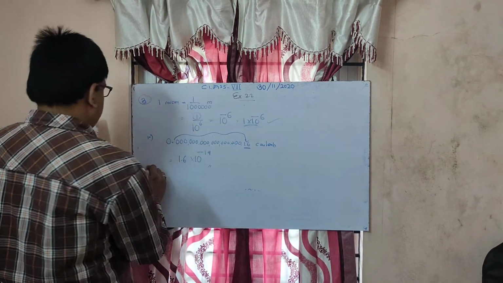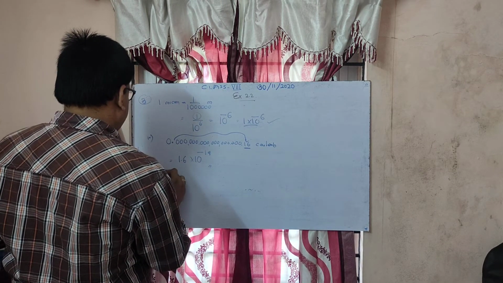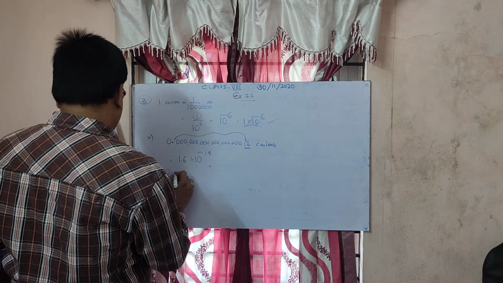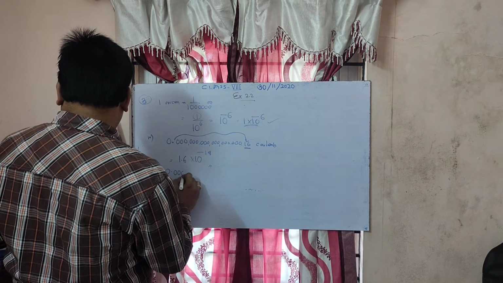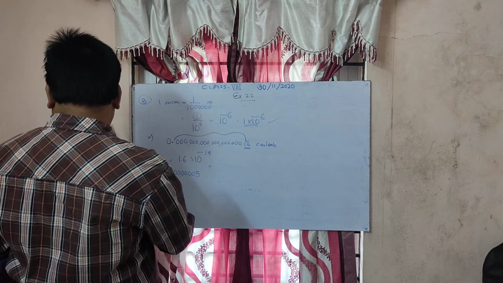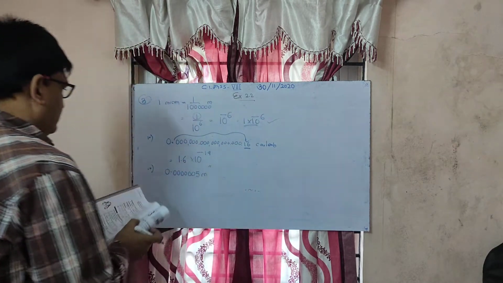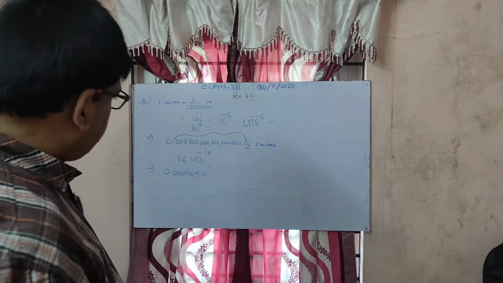Now the third one. Size of the bacteria is 0.000005 micron. Again this is the same thing.